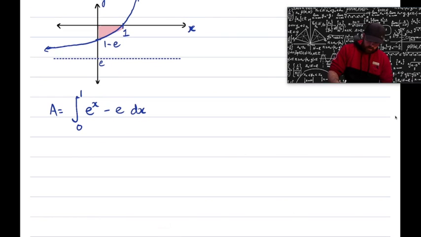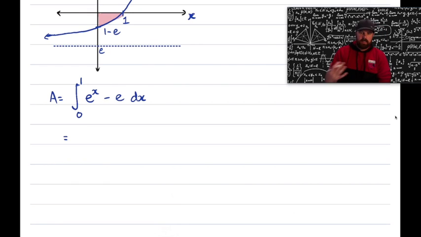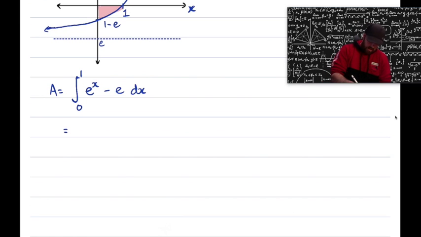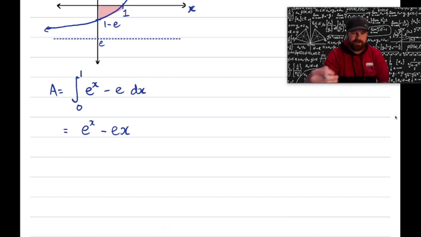So when we integrate this, we know that e to the x is its own derivative, so it's its own integral. Having a look at e to the power of x, the derivative of x is 1, which is out the front of e already, so we don't have to force a change on this. So it is just e to the x minus e times x. Okay, it's not e to the power of x, it's e times x, because e was just a constant.